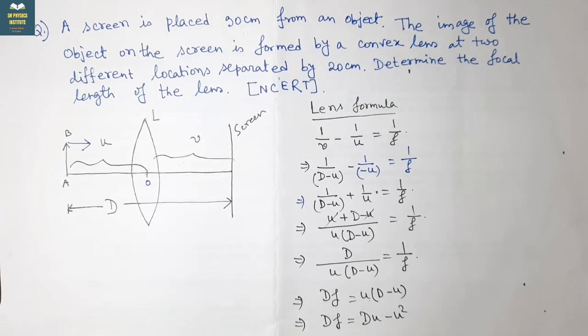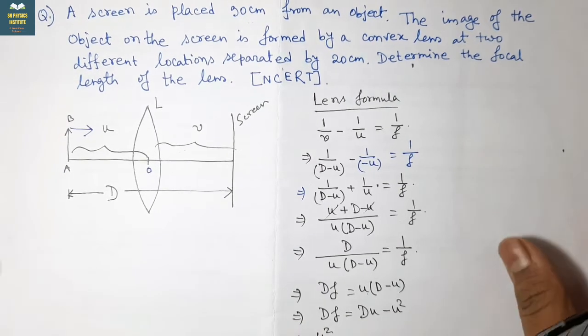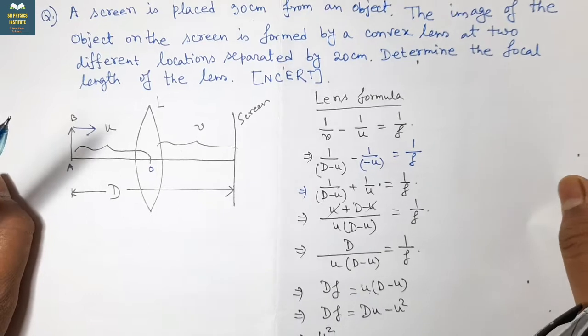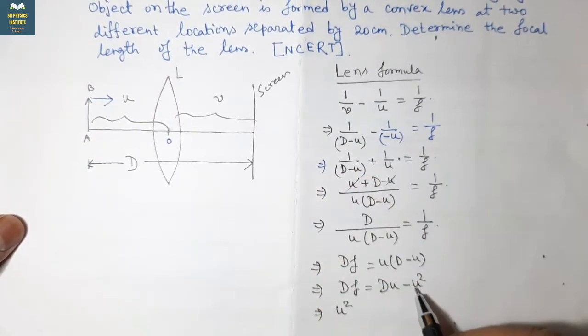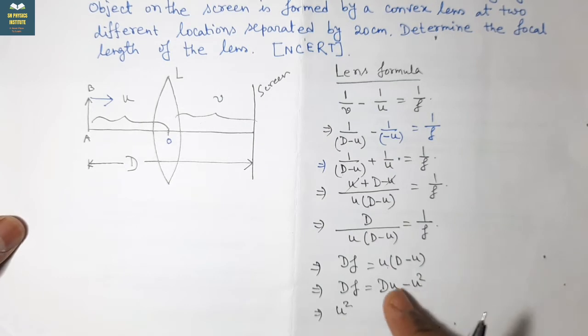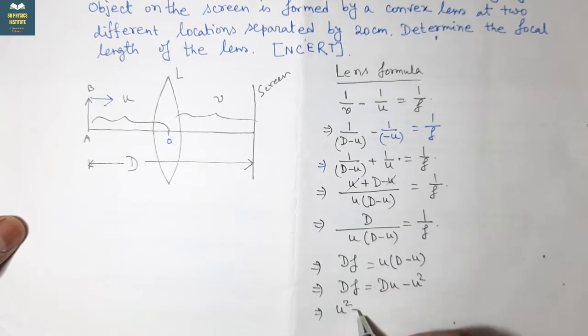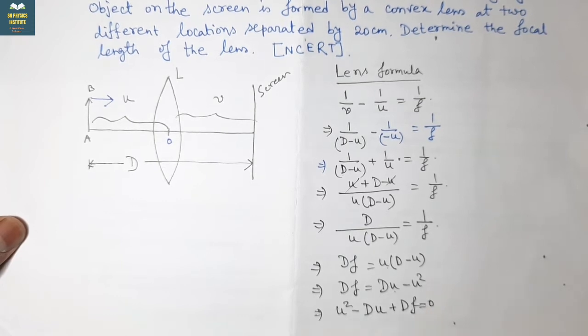Now, minus u square, if I put it on the left side, becomes plus u square. And Du, if you put it on the left side, becomes minus Du, plus Df is equal to 0.